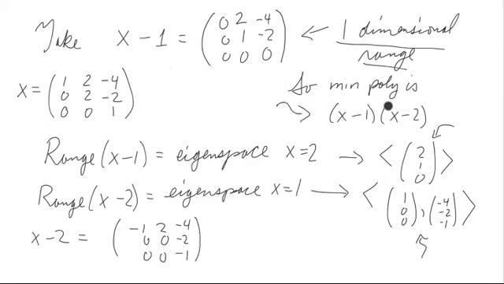And how did we know that was the minimal polynomial? That's because x minus 1 itself had a one-dimensional range, meaning that it sent 2 dimensions to 0. So x minus 1 sent 2 things to 0, which meant that x minus 1 itself occurred in two different locations.